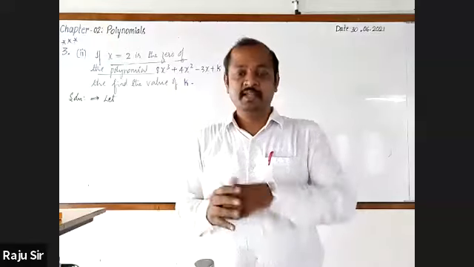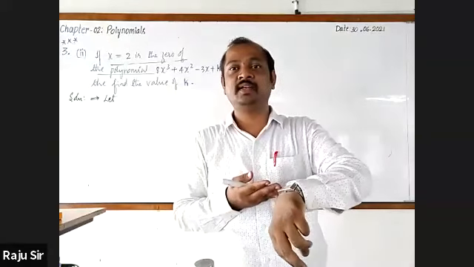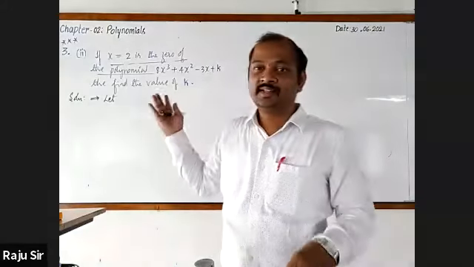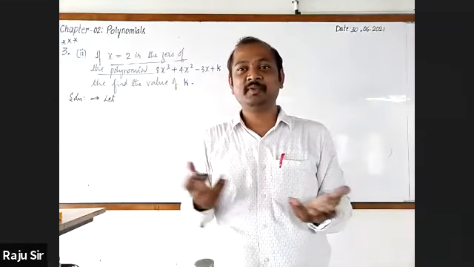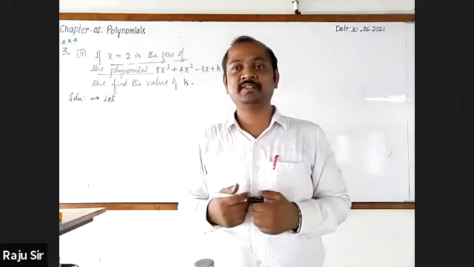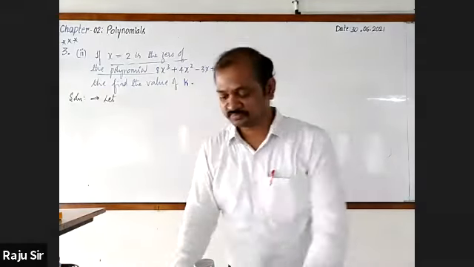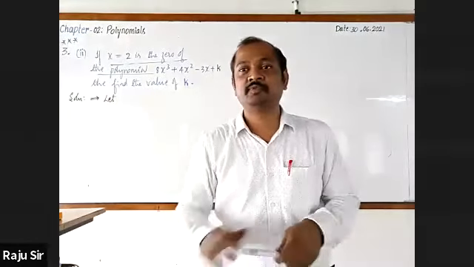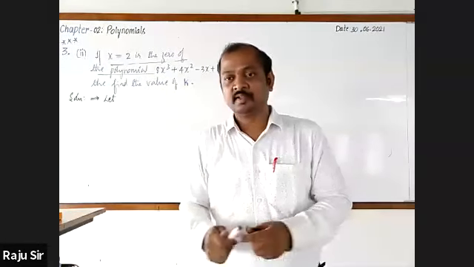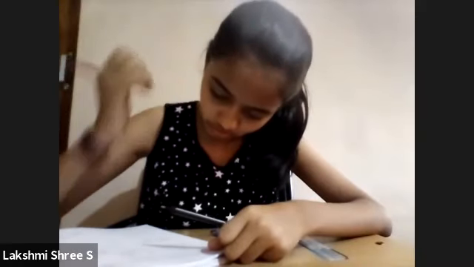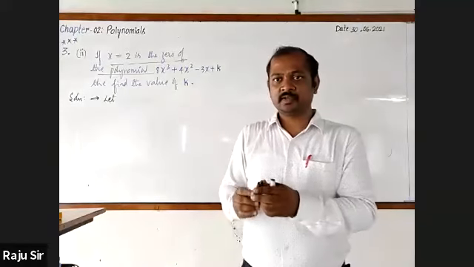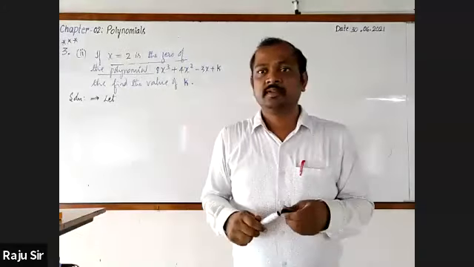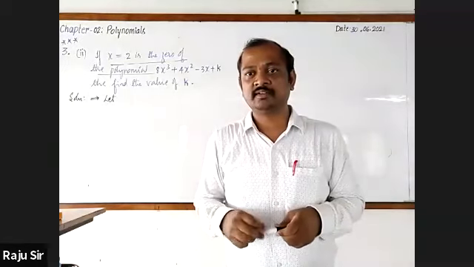You told it within 20 seconds only, so it can be given for 1 mark. Within 1 minute you are solving, no? Therefore, it is given for 1 mark. Minus 74 is the correct answer. Dhanush, you should try to solve. Minus 74, sir. Correct. Dhanush, have you got the answer?